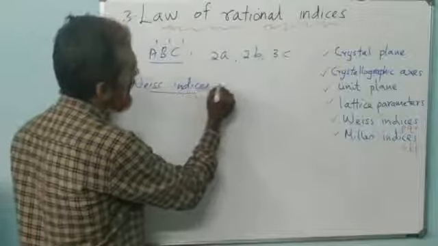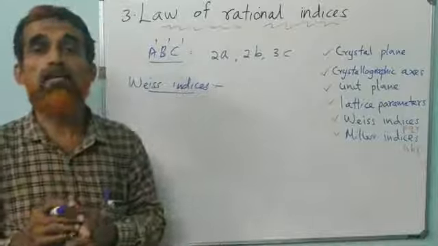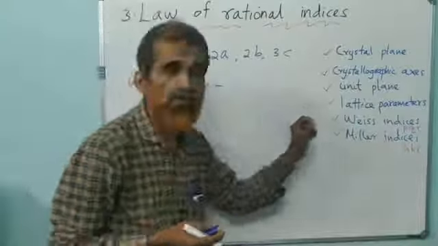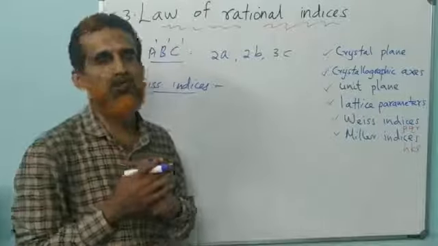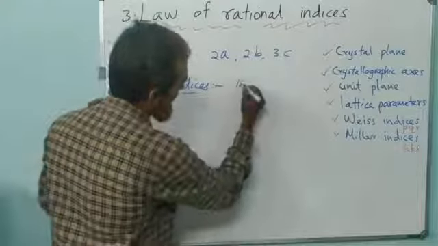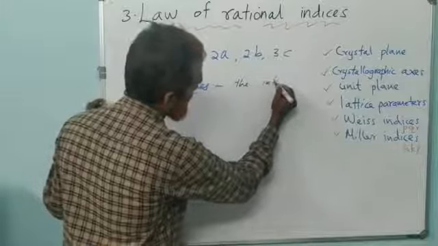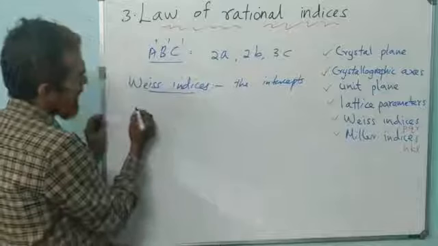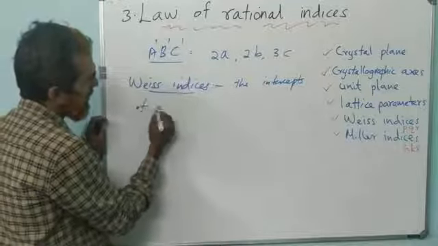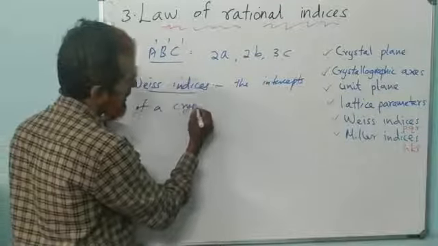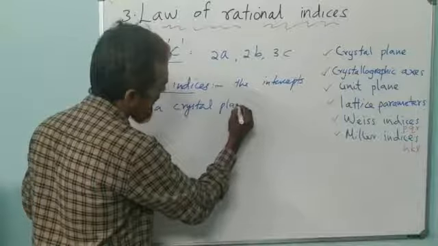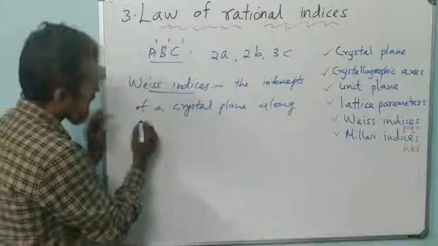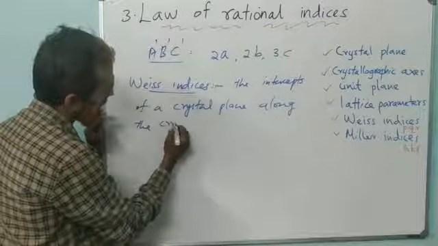It's so simple. Weiss indices are the intercepts of a given plane along the three crystallographic axes, the intercepts of a crystal plane along the crystallographic axes.